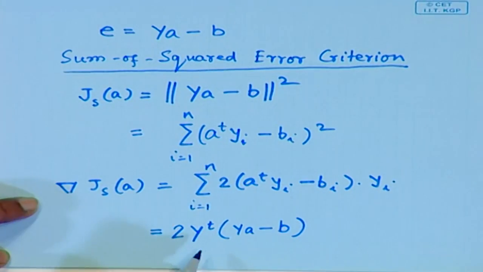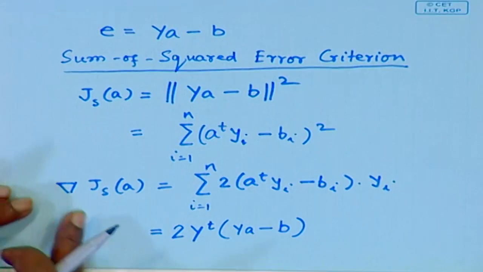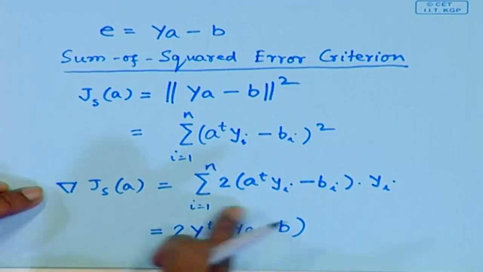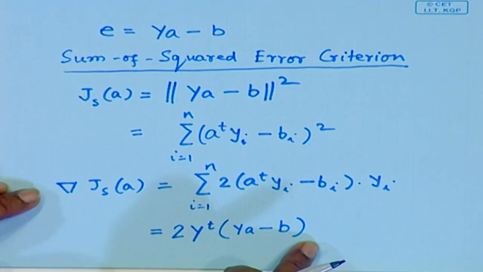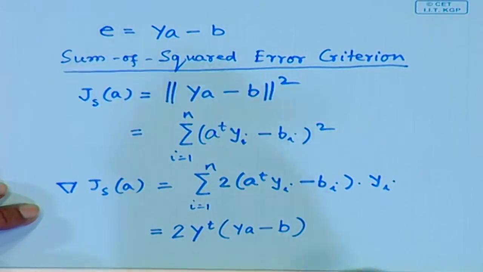Using this gradient, I can make use of the gradient descent procedure to obtain a solution for a. Otherwise, I know that when I obtain a solution, this term has to be equal to 0. This term has to be nullified.